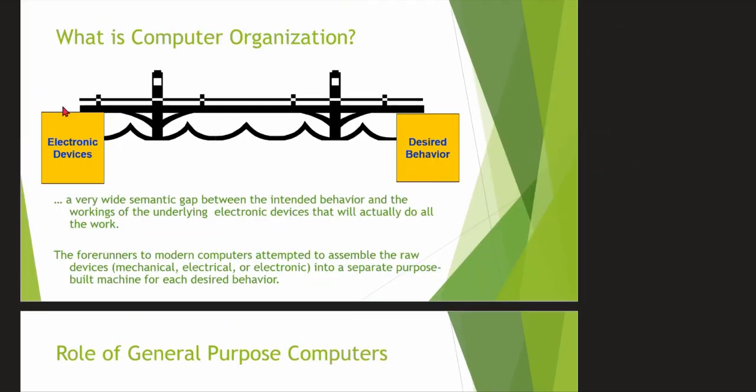Further, we can explain that these components are made up of electronic devices, and we want certain desired behavior. Suppose we want to implement an adder circuit to add two inputs. We use the electronic devices to implement the adder, and the desired behavior should be the addition of the data.